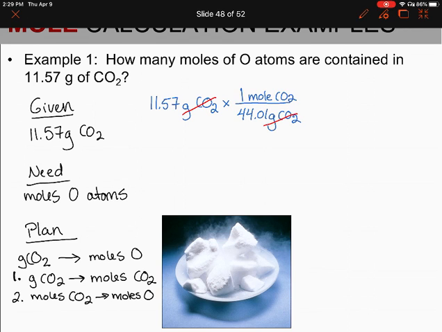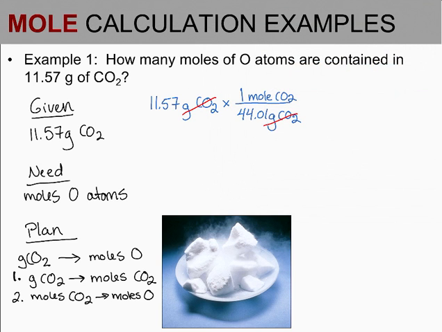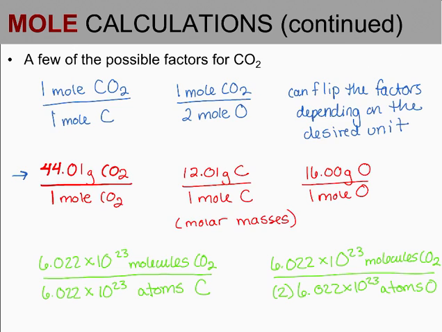But now we want to get to moles of oxygen. So let's set up another conversion factor. And if we go back to the last slide, we can see that there are 2 moles of oxygen for every 1 mole of CO2.